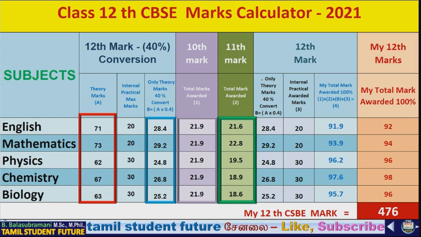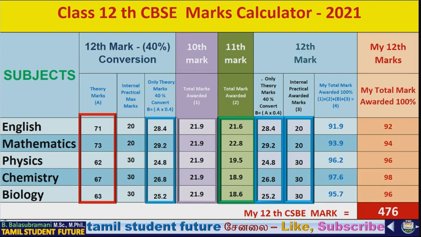The 10th 30%, 11th 30%, and 12th 40% theory marks are done, and then your school gives internal and practical marks: 20 for English, Maths 20, Physics 30, Chemistry 30, Biology 30.